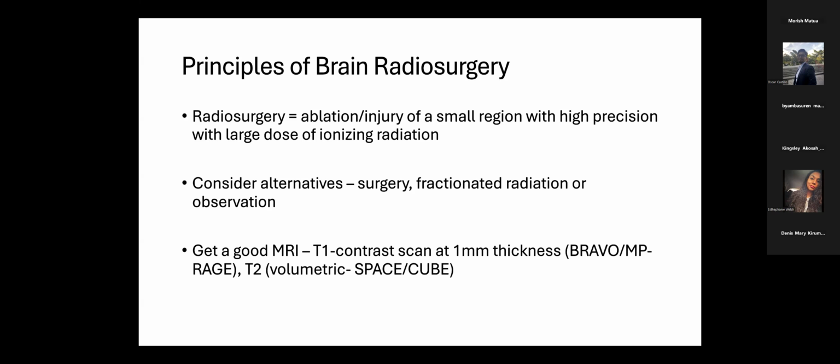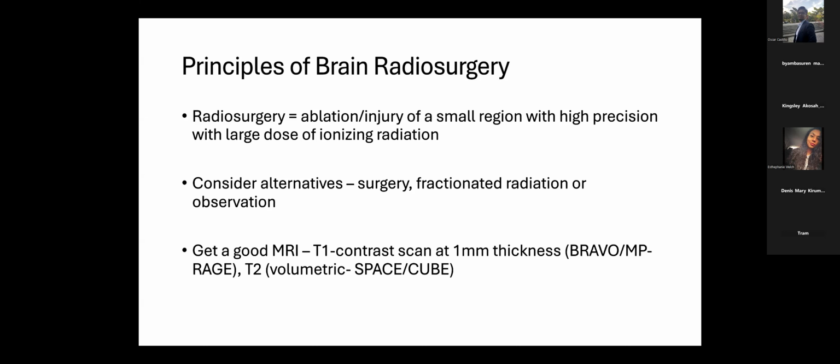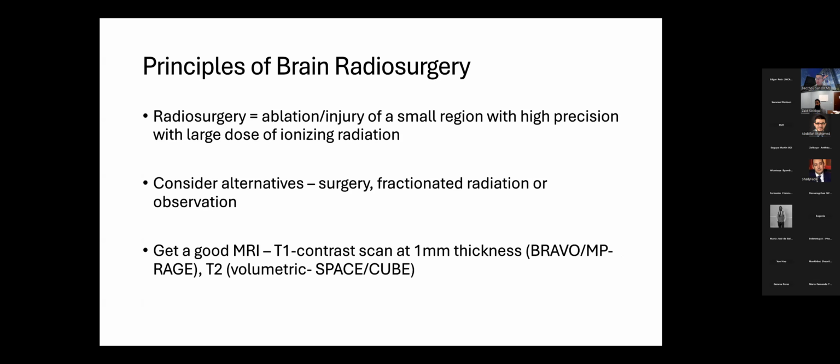Different centers, including the two centers that I've worked in as an attending, have different standard protocols for how to get an MRI. For the purpose of radiosurgery, there are essentially two protocols that are most important, and that is T1 contrast and T2 without contrast.